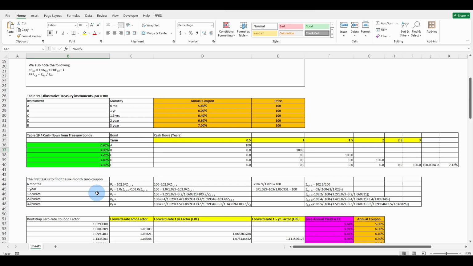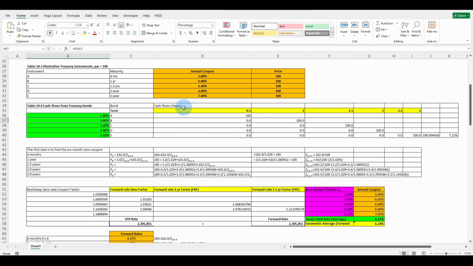Here's the cash flow. Cash flow from Treasury bonds is just this rate divided by 2. Don't worry about this, this is just me making some notations.